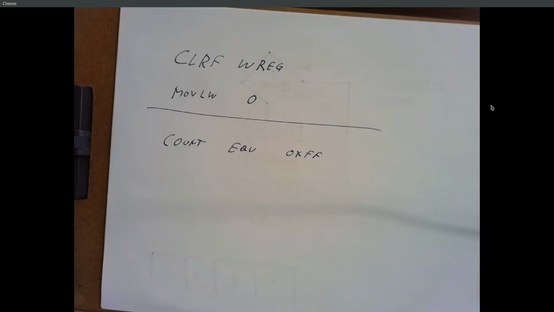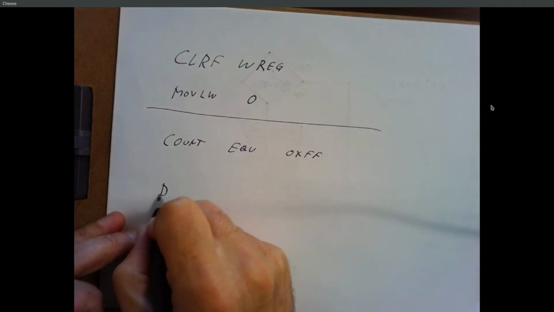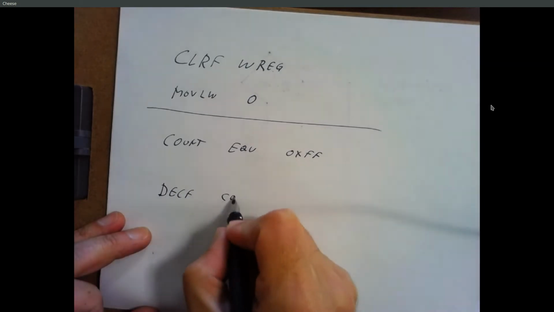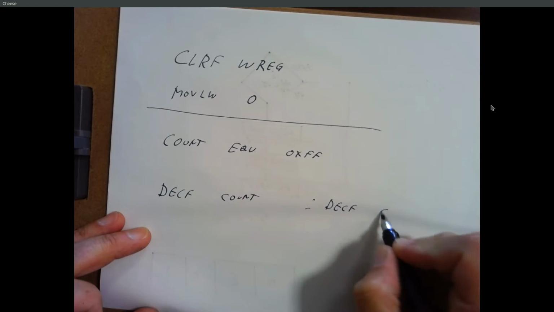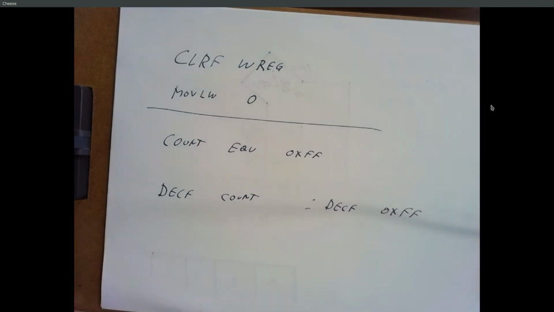Nothing. It doesn't really do anything, right? It's not an instruction, it's an assembler directive, so it doesn't generate any code. All this does is say whenever I use the variable count, replace that with 0xFF. So now if I say decrement file count, that's the same thing exactly as decrement 0xFF.